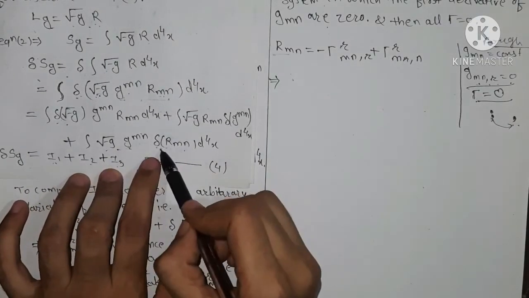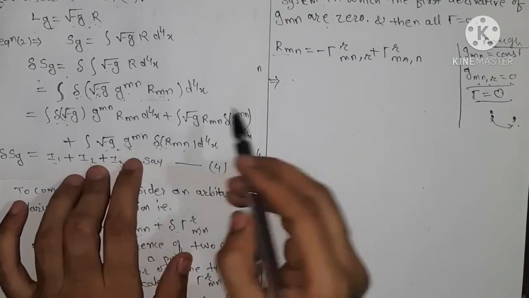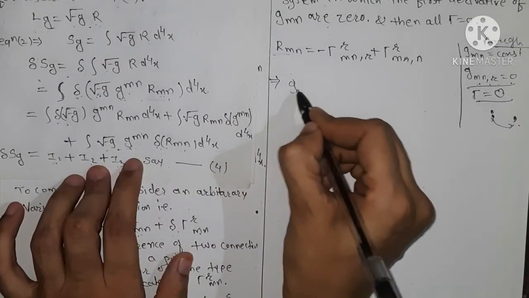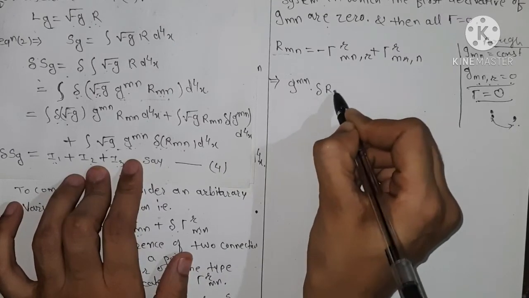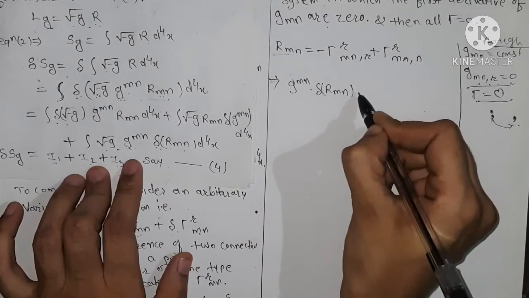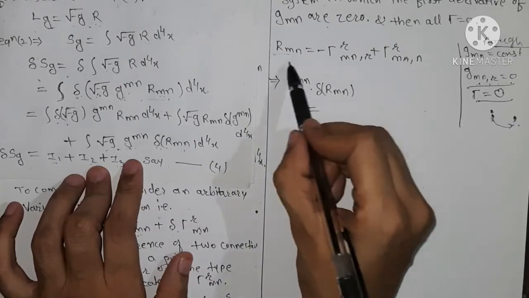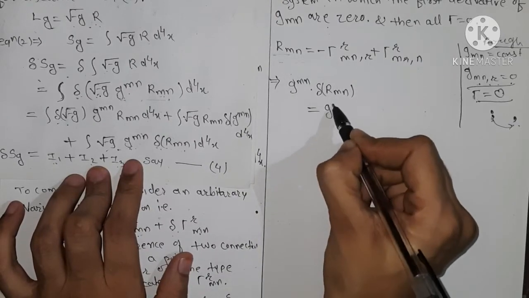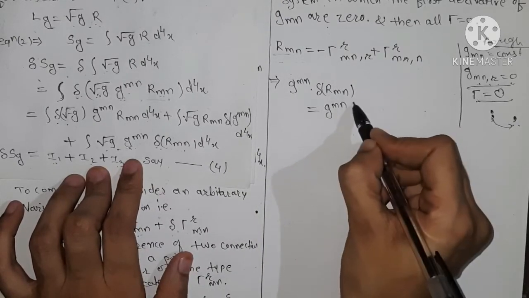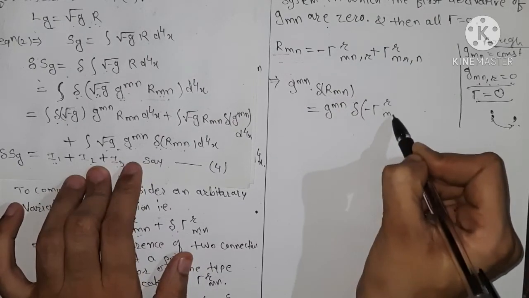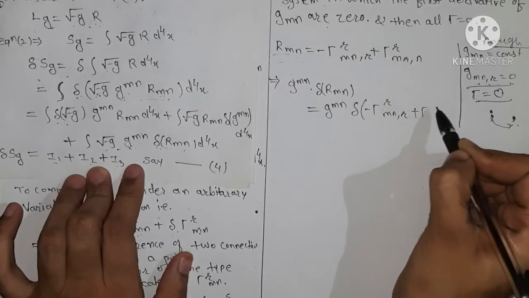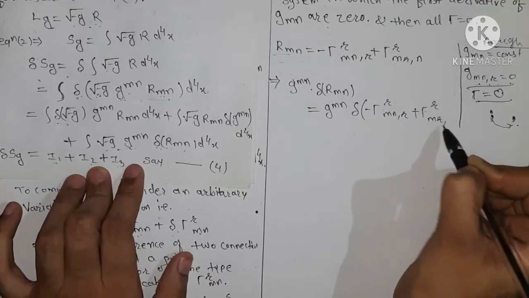Now we take the variation and multiply it by g^{mn}. So we take g^{mn} δR_{mn}, which is equal to, we substitute this value here, g^{mn} δ of, in bracket, minus Γ^r_{mn,r} plus Γ^r_{mr,n}.